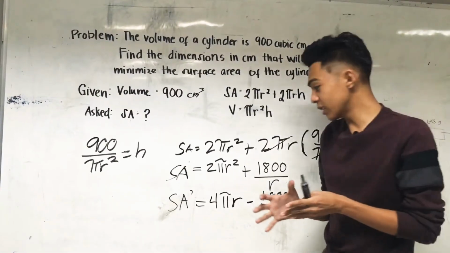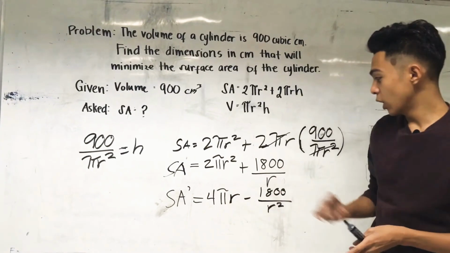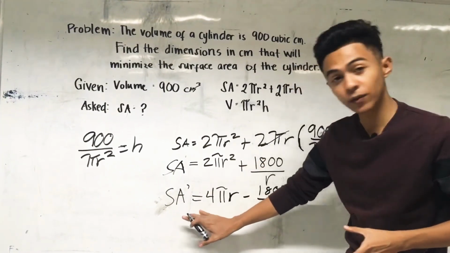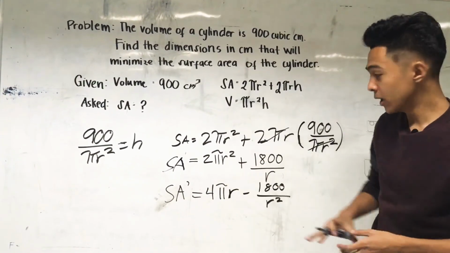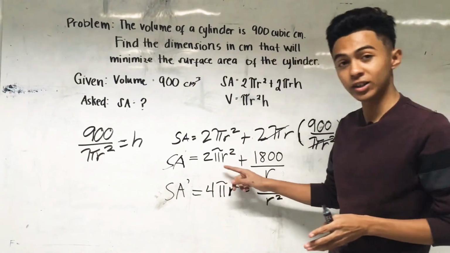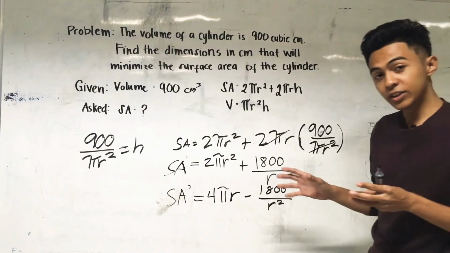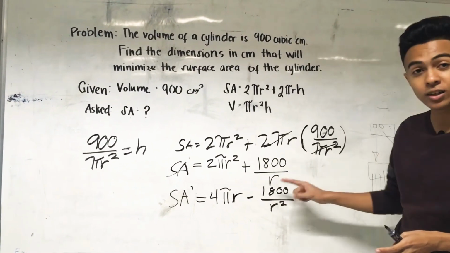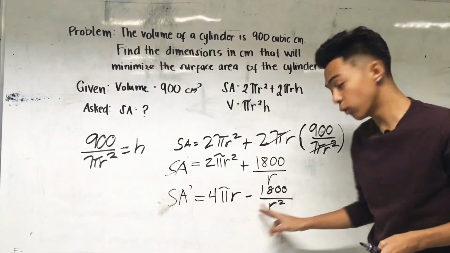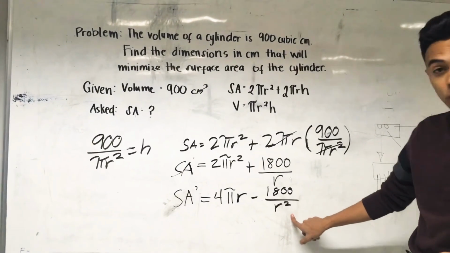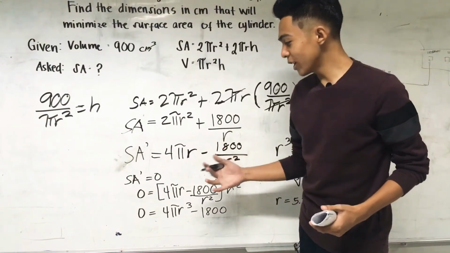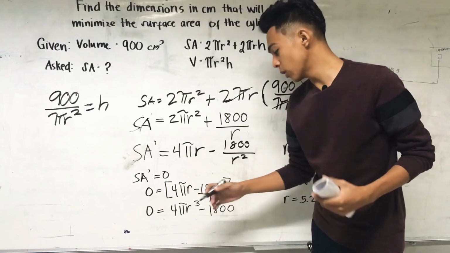Since we have the surface area, we then get the first derivative of this equation. The derivative of 2 pi r squared is 4 pi r, and the derivative of 1,800 over r is negative 1,800 over r squared. After that, equate it to 0.